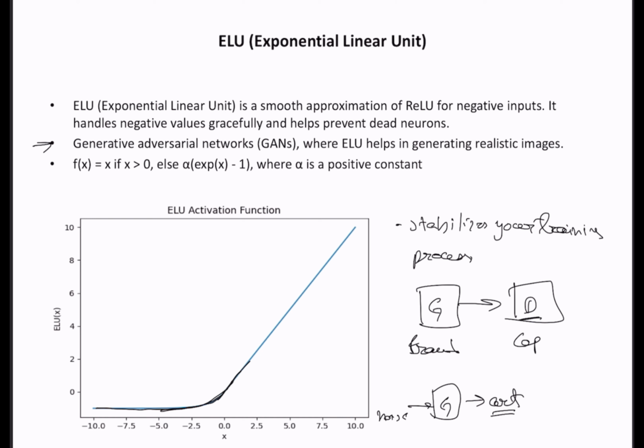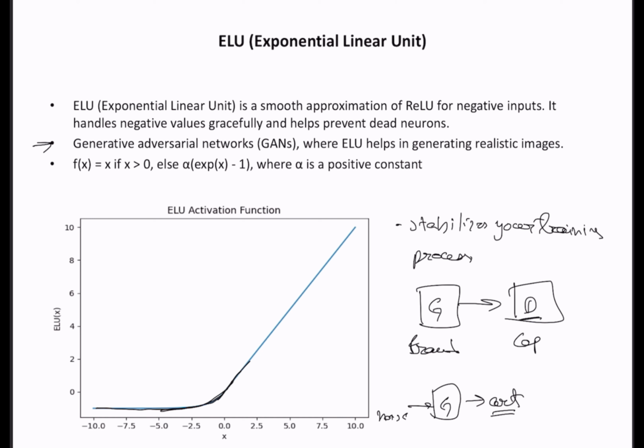ELU helps GANs fight something known as mode collapse, which basically means that GANs are not able to explore the entire distribution of your target dataset, right? To generate images from the entire spectrum of the target distribution, you should be able to explore the entire spectrum.